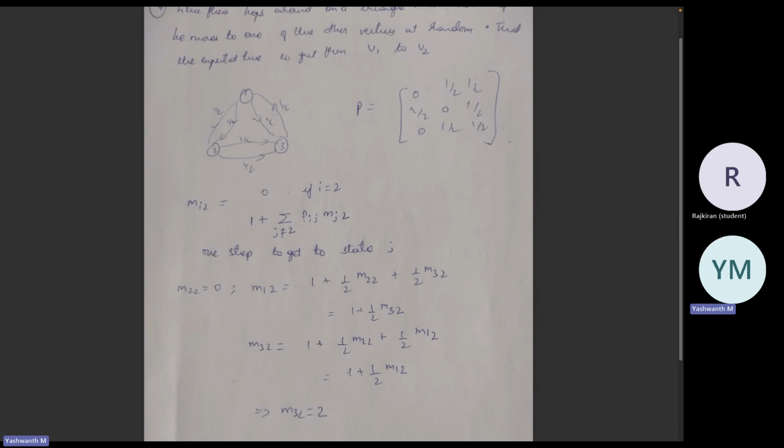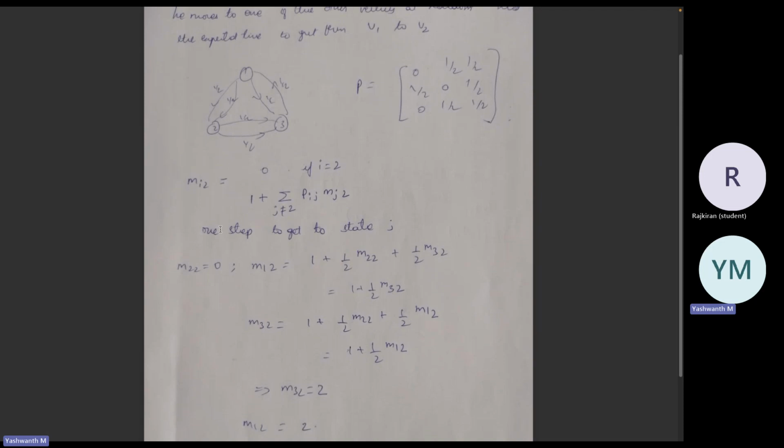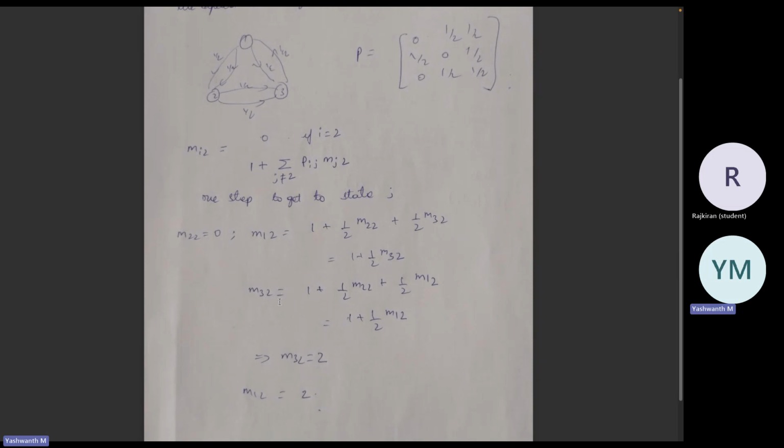From there you go to 2, with the probability that you end up reaching j. Just write this down for i equal to 1 and i equal to 3, and you will end up getting m_12 as 2.